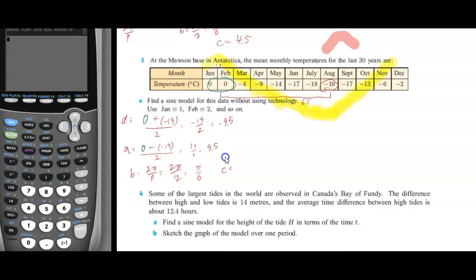Remember, the place where it's in the middle and going up is the beginning of the sine curve. Looks like it's about, I don't know, here? Maybe in October. So I'm going to put my C value as October, 10.